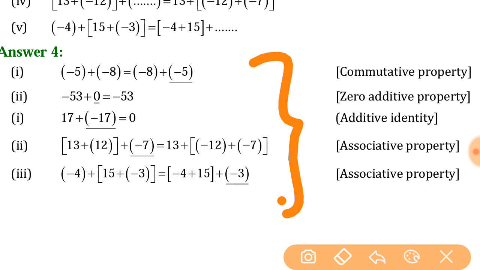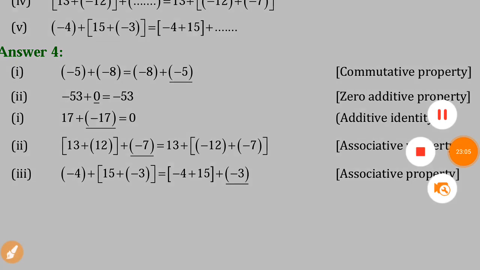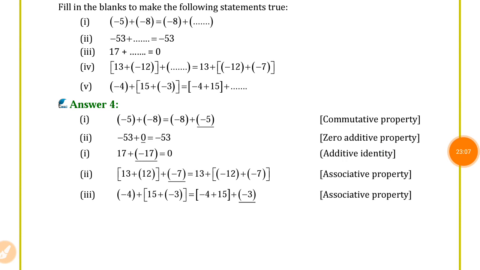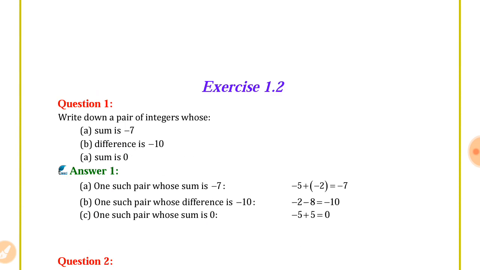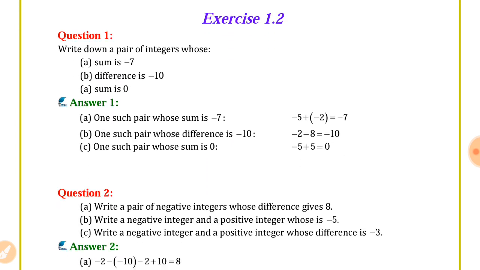We can write them according to the rules. I hope you understand exercise 1.2 here. You may not write only these examples; you may choose any other examples and think and write more than one example also. Okay, thank you.